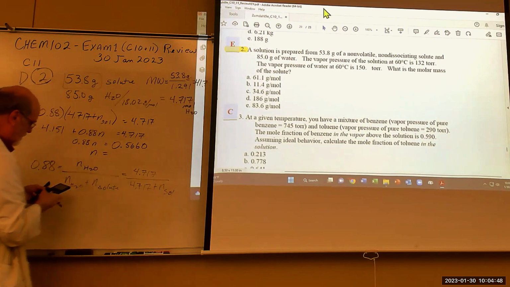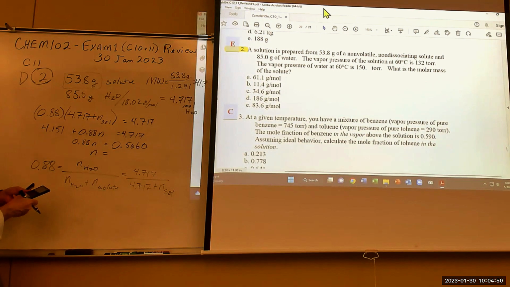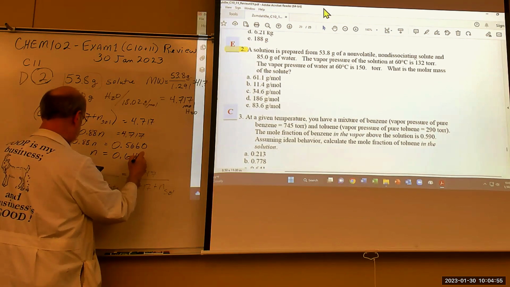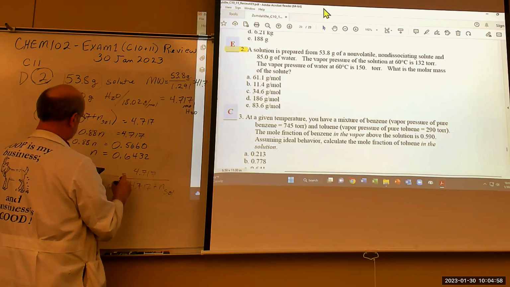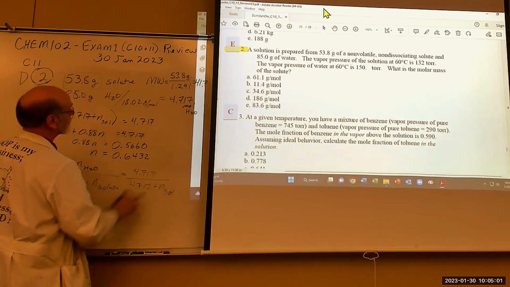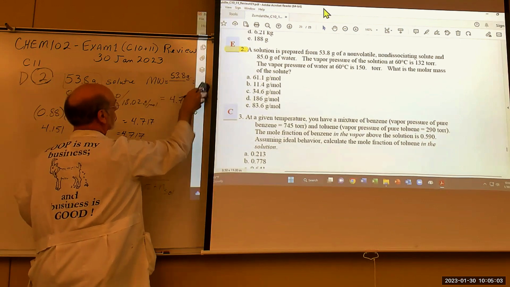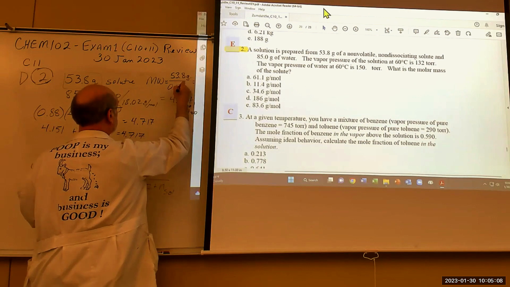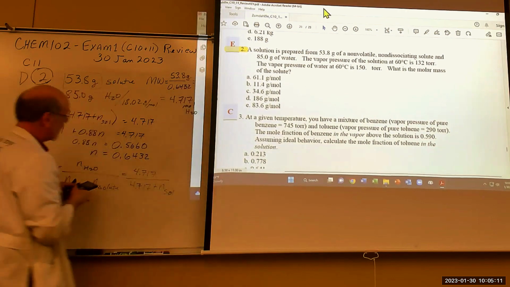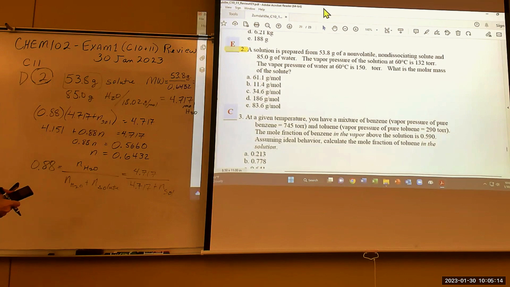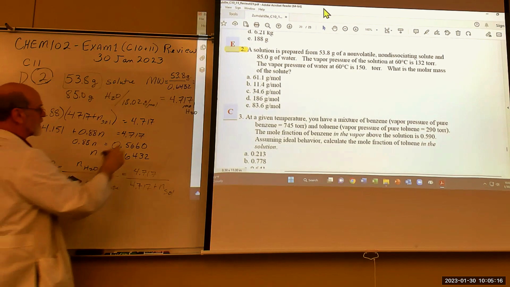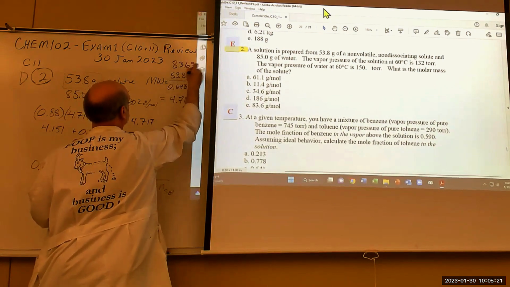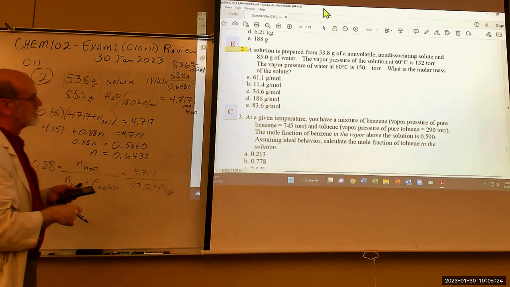Now n equals what? Divide by 0.88. Here we go. 0.6432. It was a math error. Okay, divide that into 53.8, and I get 83.6 grams per mole. There we go.